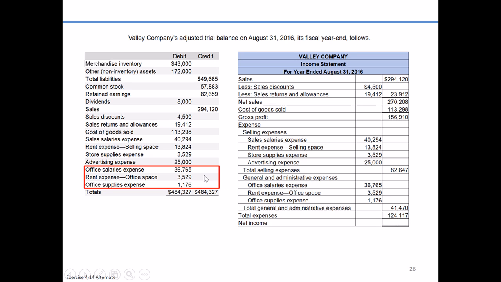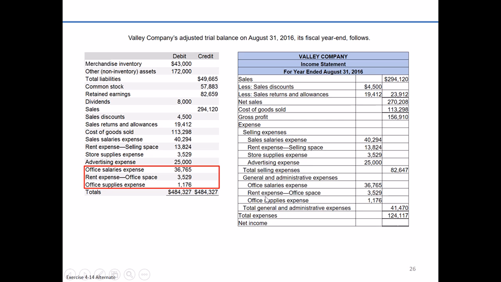So if we look over here, our general administrative expenses are going to include office salaries expense. So maybe perhaps we have a receptionist. Wouldn't be the only category in here that just generally supports the overall operations, greets people when they walk in the door, answers the phone. So we've got office salaries expense of $36,765. You see rent expense again.